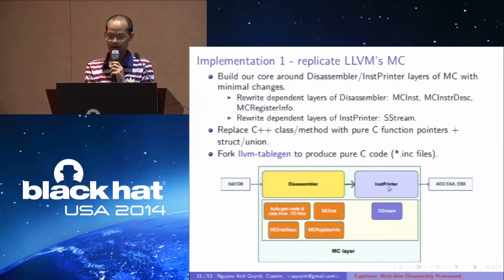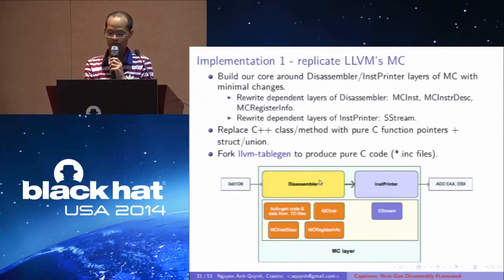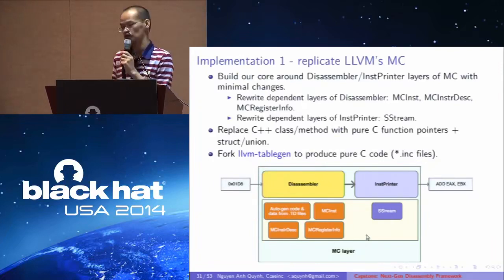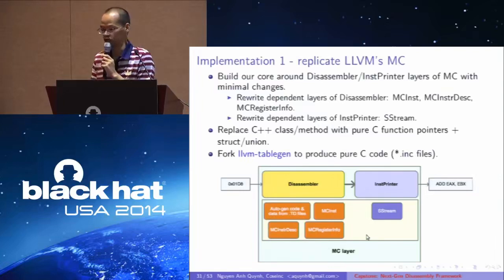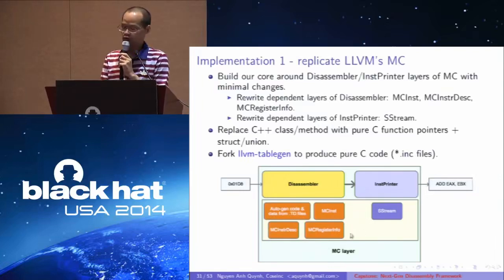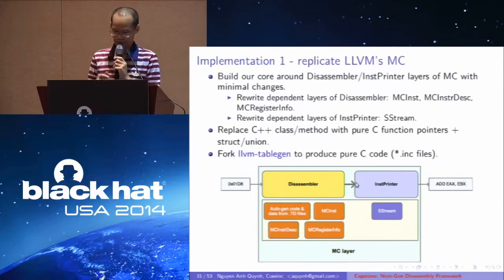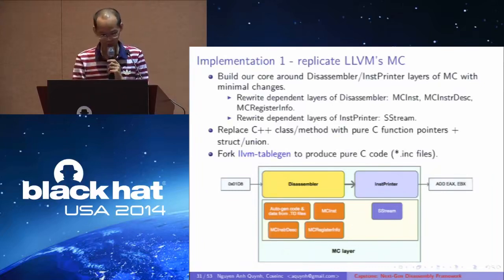So I decided to keep these two components almost as is, with very little change. But the dependent layer at the bottom doesn't change very often or doesn't change at all. So I rewrote all of the bottom layers, but the top layer I keep almost as is with very little change.